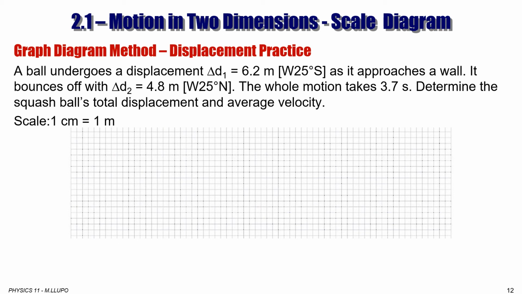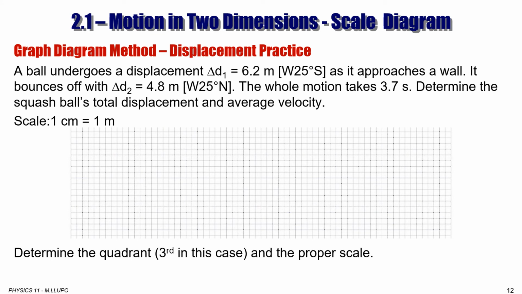But that's not all, because another important thing is to determine where those vectors are, in which quadrant. Because if you decide to use the coordinate system in the middle, that means you are starting here in the middle, and you're going outside.